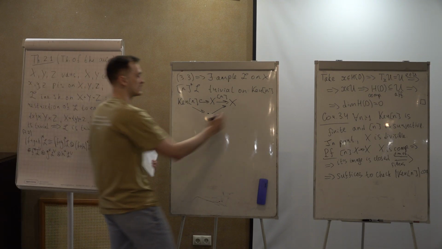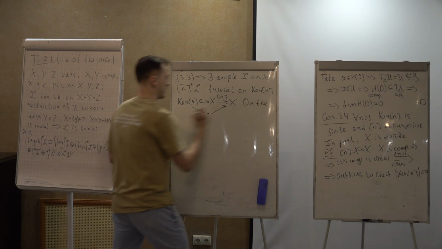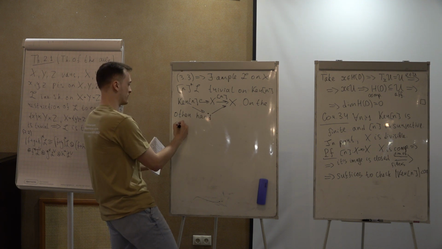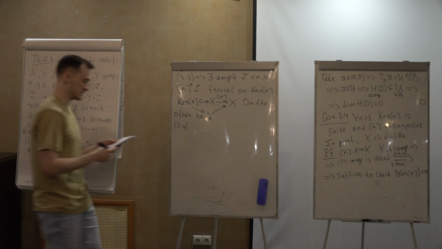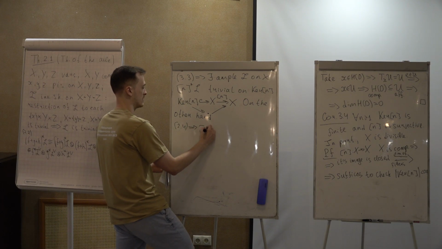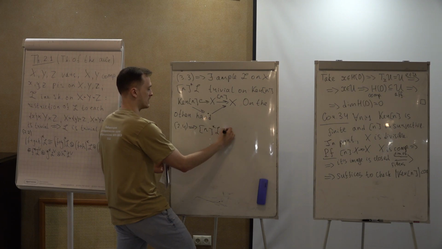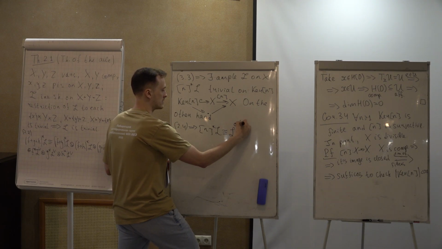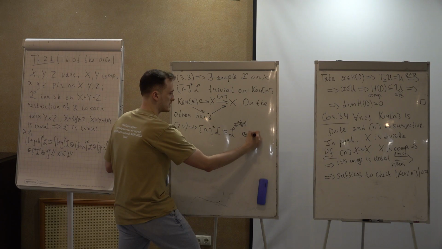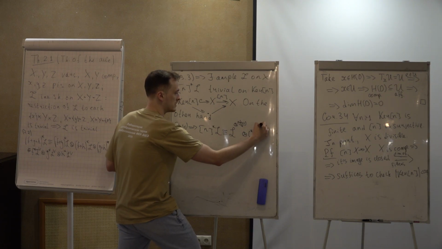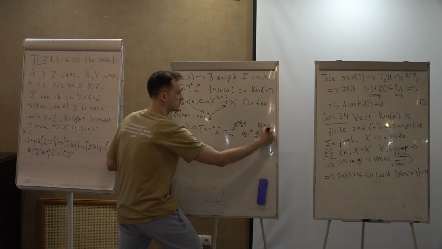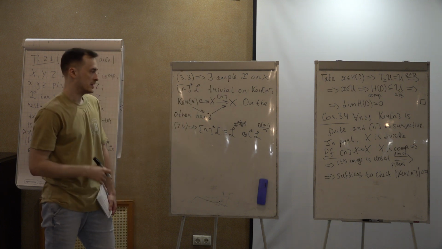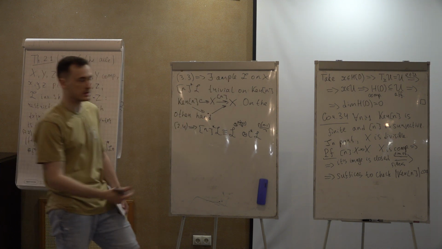But on the other hand, we proved 2.4 with this tensor powered stuff. So we have this pullback isomorphic to L tensor (n plus 1) over 2 and iota pullback L tensor (n minus 1) over 2. So L is ample, and every tensor power of an ample is again ample.